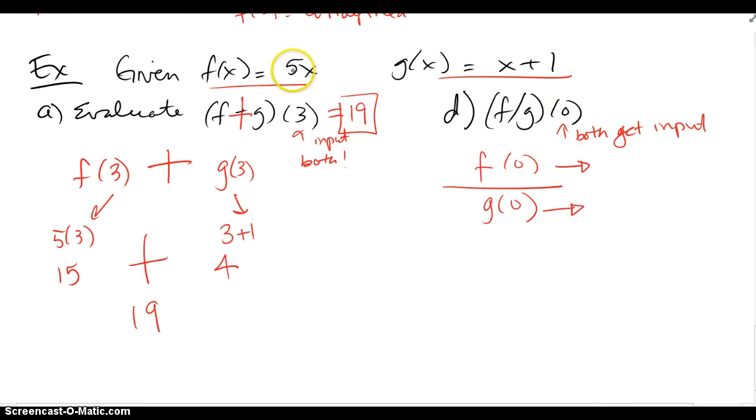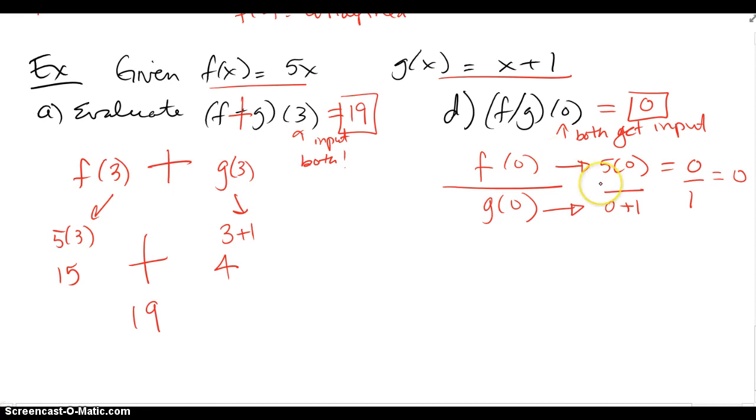If I put a 0 in my f function, I get 5 times 0, which is just a 0. If I put a 0 in my g function, that's 0 plus 1, which is just a 1. And remember, 0 divided by 1 is just 0. So f over g of 0 is going to give me an output of 0 again.